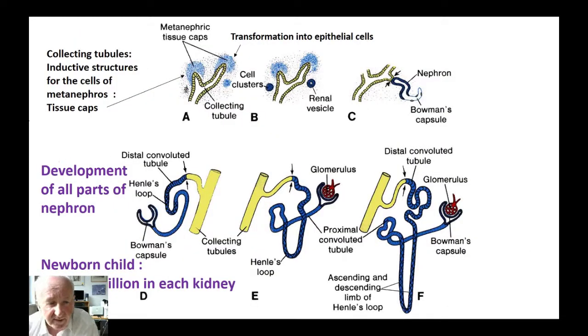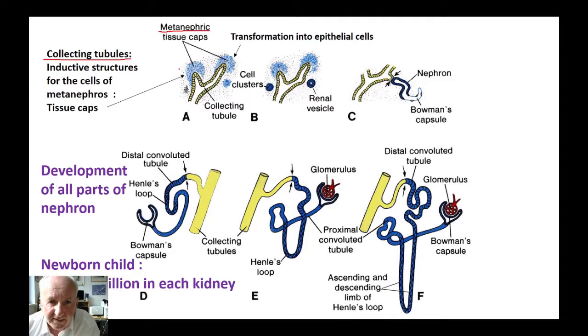And the epithelium of the collecting tubules with these factors is a very important inductive structure, as you see, that has to happen the transformation in the metanephrogenic blastema.